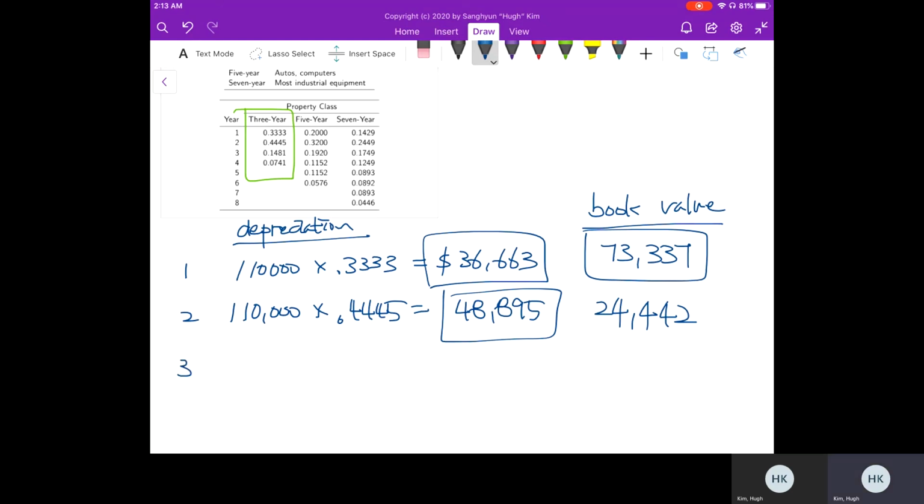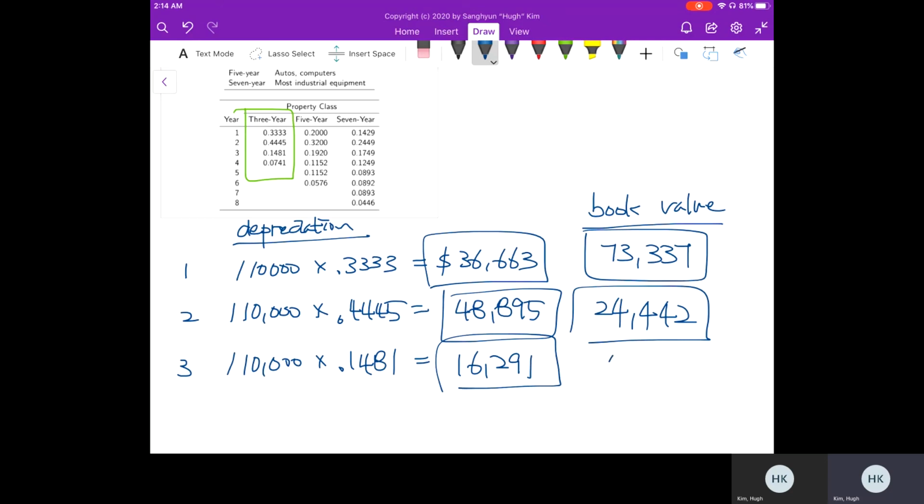Third year depreciation will be 110,000 times 0.1481, 14.81%, which is $16,291. After the third year depreciation, the book value will be this minus this, so $8,151.